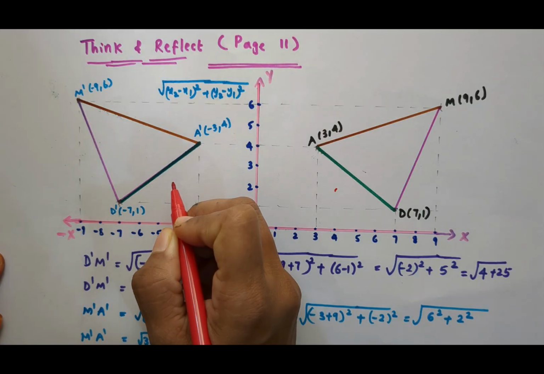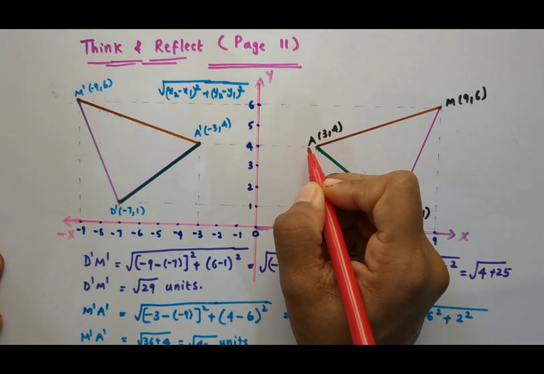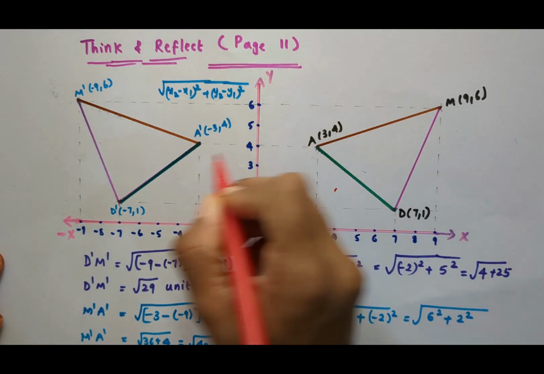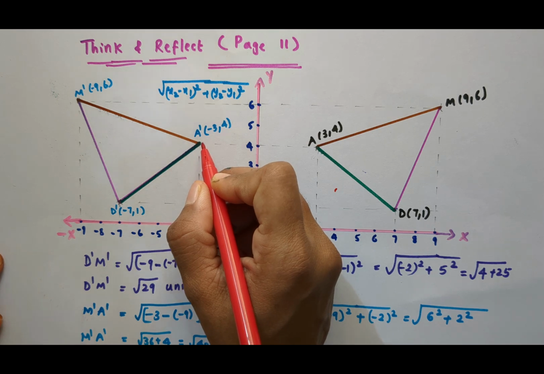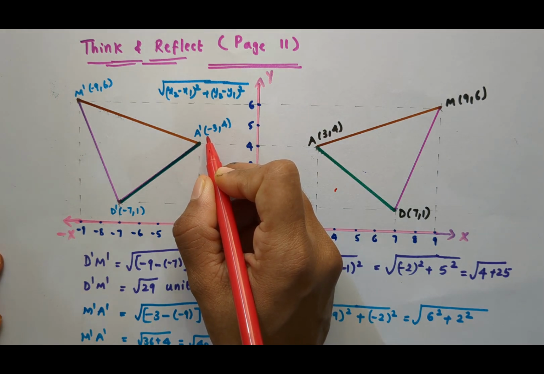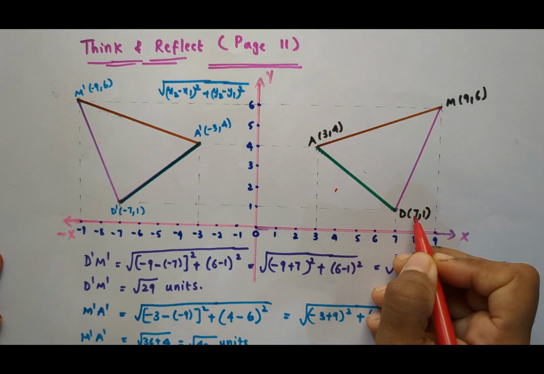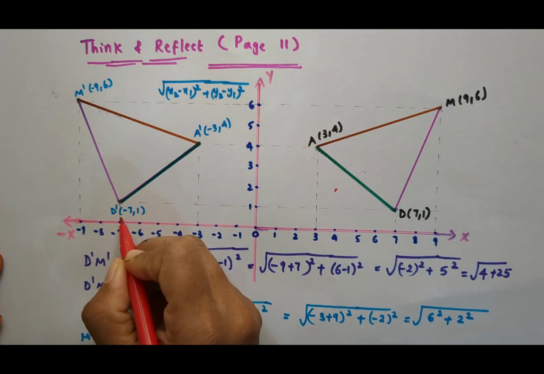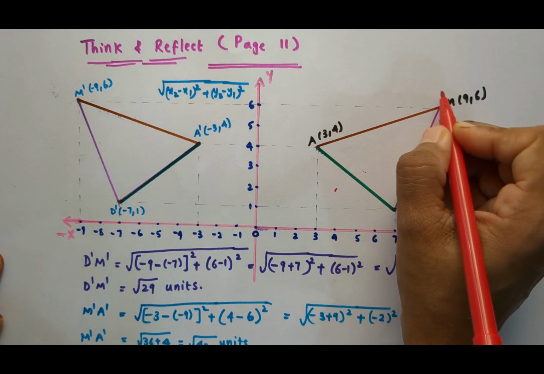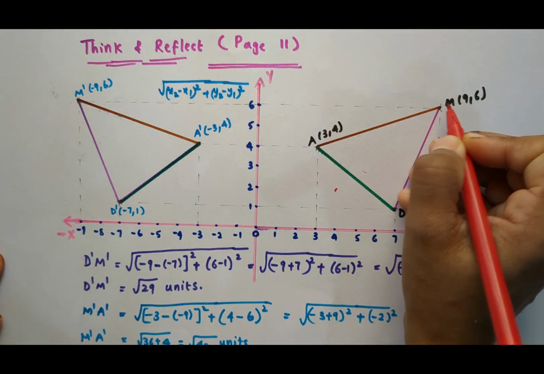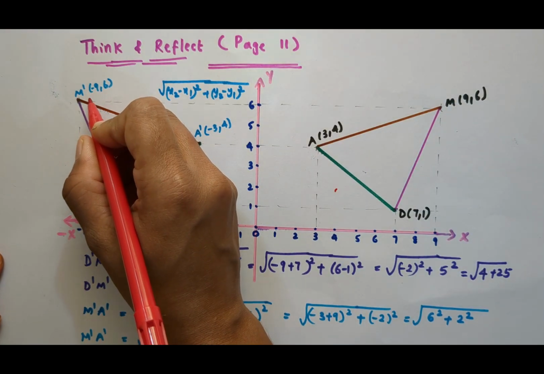Now what about the x coordinates? The x coordinate of this A is 3. But in the reflection about the y-axis, the x coordinate is minus 3. Similarly, the x coordinate of this point D is 7, but in the reflection, it is minus 7. The x coordinate of this point M is 9, but in the reflection, it is minus 9.